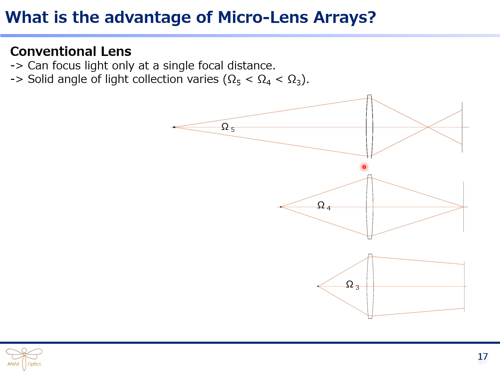This means that when placing a screen at a known distance from the lens, it is only possible to get a clearly focused object point for a given distance in front of the lens. If the point is further out or further in, it is not possible to obtain a clear focus on the screen.